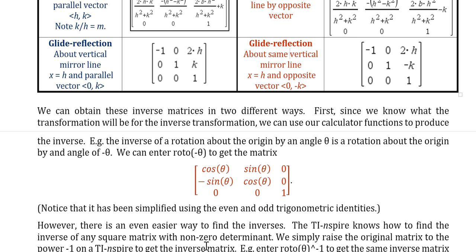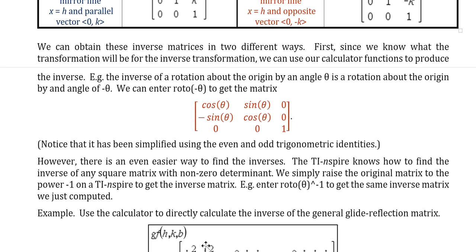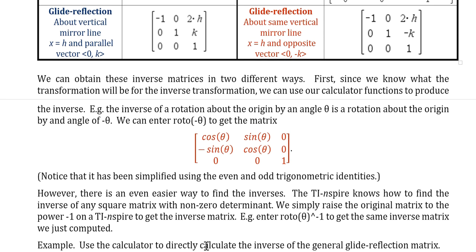But there's actually an even easier way to find these inverses. The TI Inspire has built-in the ability to find the inverse of any square matrix with a non-zero determinant. We simply raise the original matrix to the power -1 on the TI Inspire to get the inverse matrix.